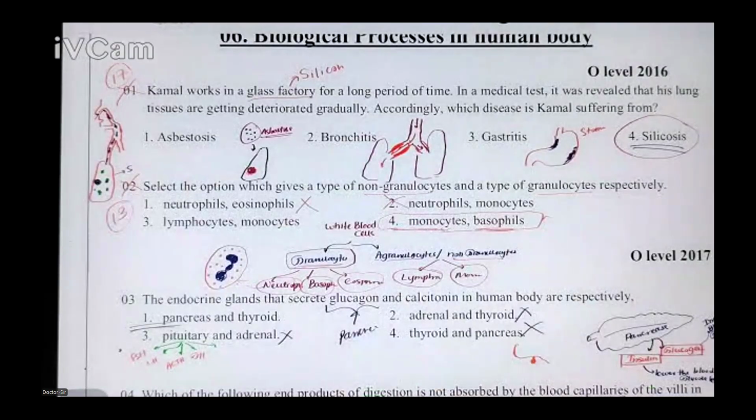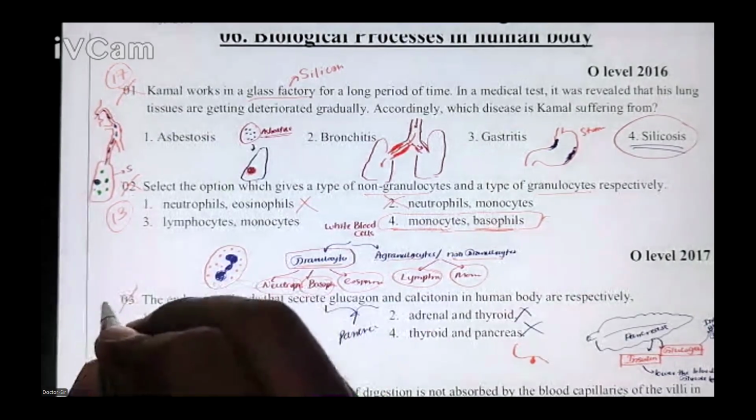Then the 2017 paper, the endocrine gland, is question number 15.